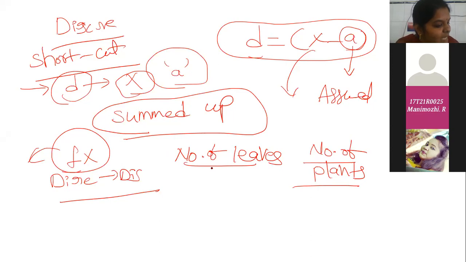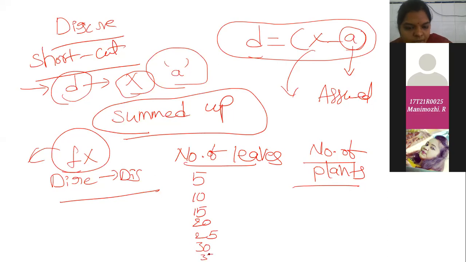Under number of leaves, you can write 5, 10, 15, 20, 25, 30, 35, up to 40. Number of leaves, number of plants.